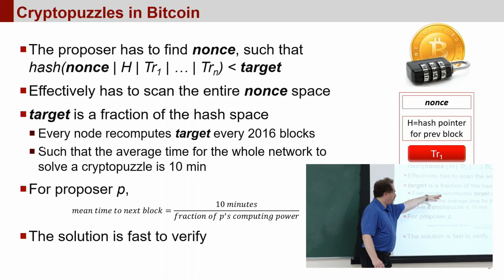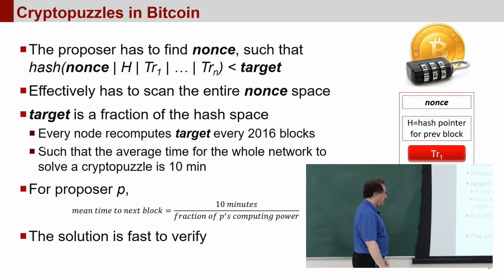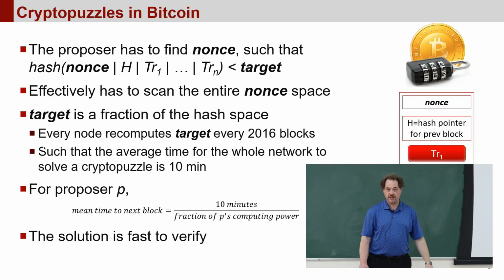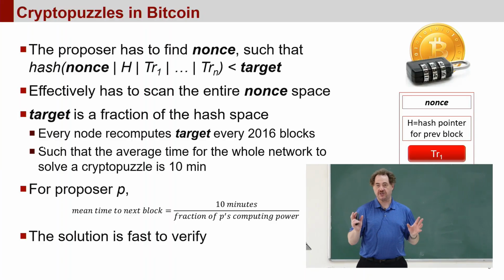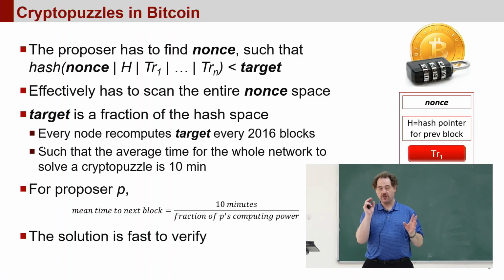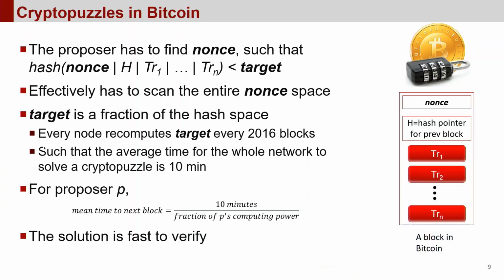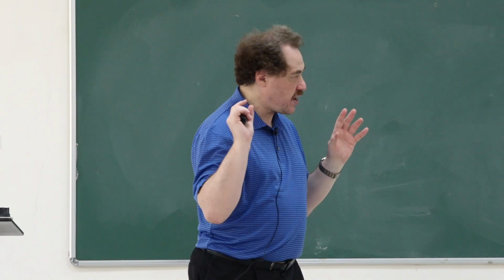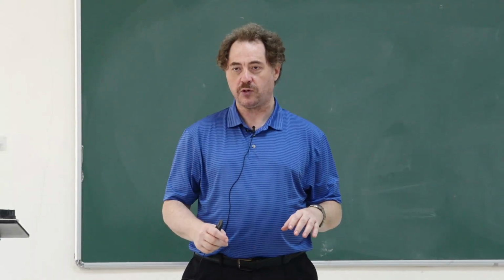Okay, so we compute it such that the average time for the whole network to solve a crypto puzzle is 10 minutes. What happens is that the system profiles its performance. Everyone would look at how long it takes to produce blocks. If blocks are produced too fast, then the system would make the target smaller, so it would become harder to produce a block.